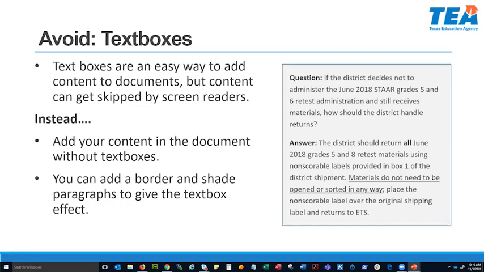So always consider, instead of using a text box, you might want to just put your content inside the document. And there's ways you can format your paragraph to look like a text box. If you add a border and a shade to the paragraph, you can mimic the look of a text box, and it's going to be read by screen readers, and that's accessible compared to a text box.